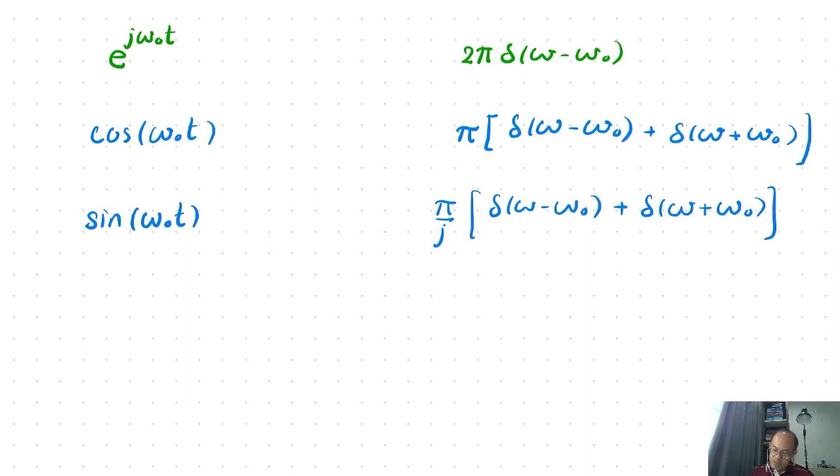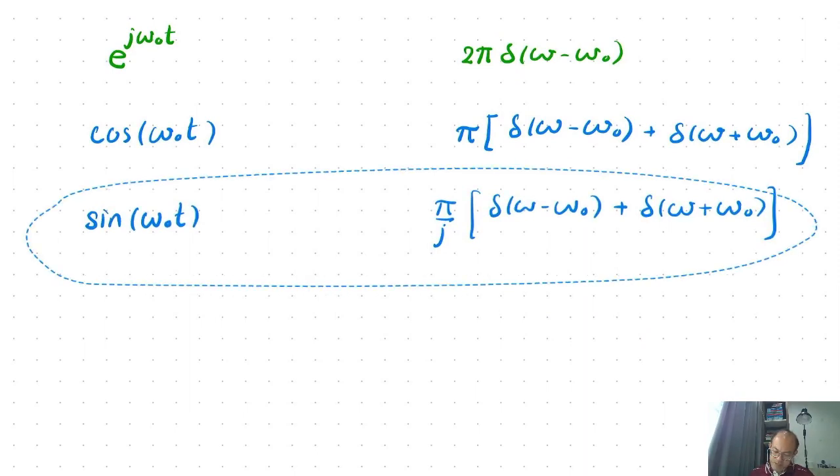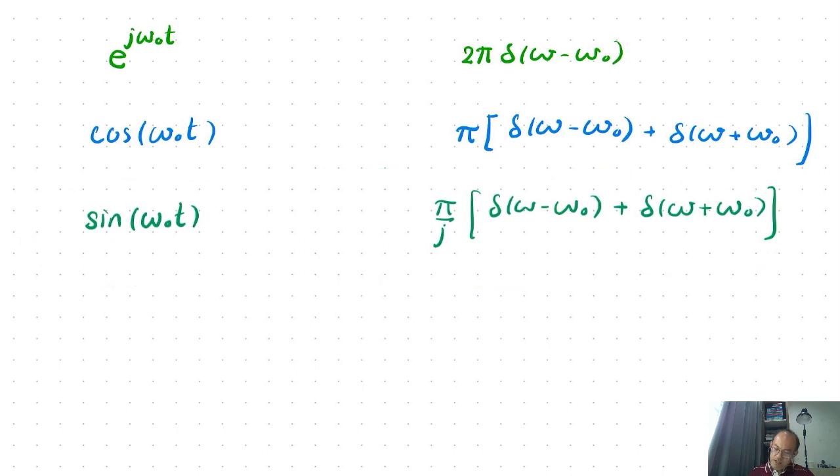And the next one is, oh, I have to change this one to green. Now the next one is a rectangular pulse of width T. And the Fourier transform of it is T sinc of omega T over 2.